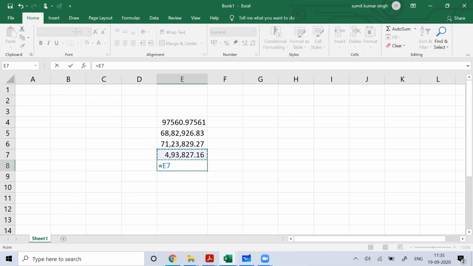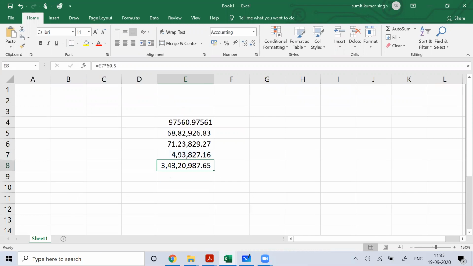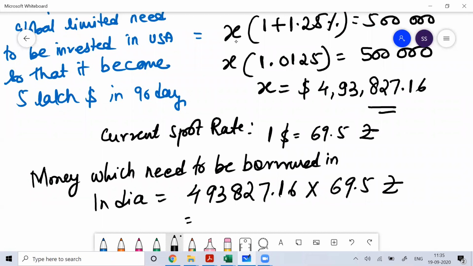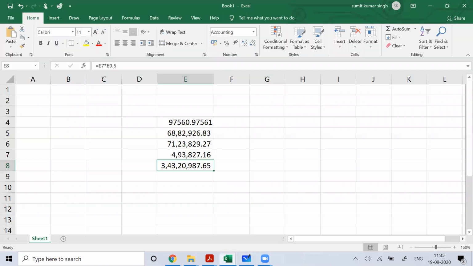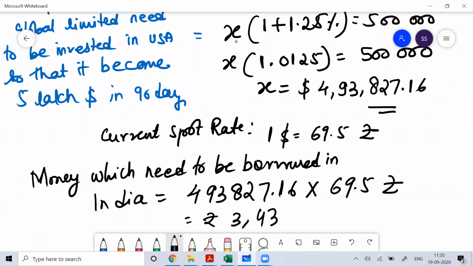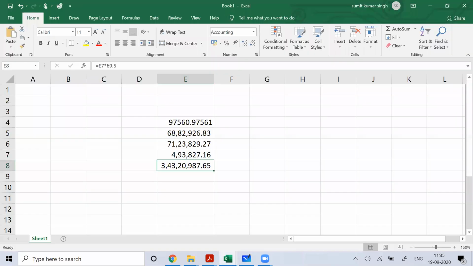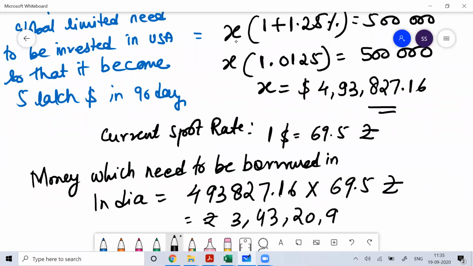Into 69.5, that is 3 crore 43 lakh 20,987.65. So you got this much money they need to borrow in India.